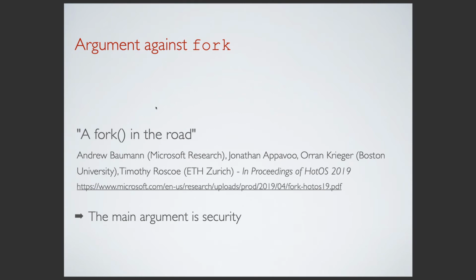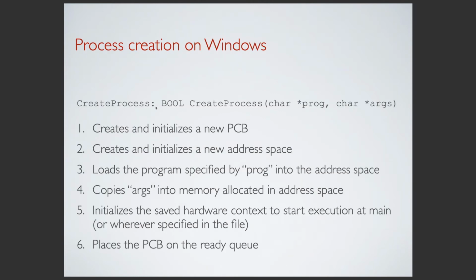So if you use the parent-child approach to outsource some computation, but at the same time you want to shadow or hide the computation, you have to be careful with fork because you share everything. Okay, so that's why Windows has a different creation process.